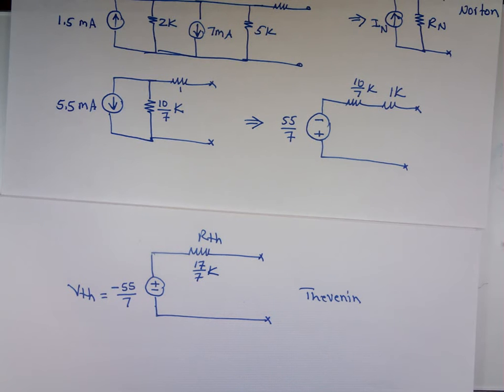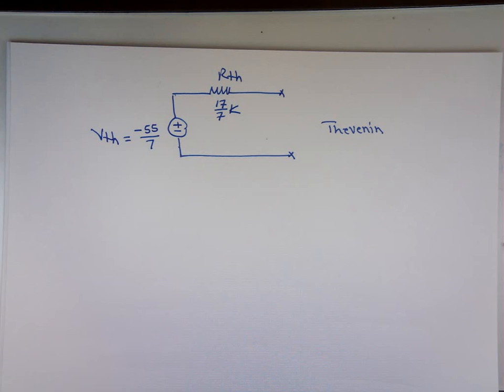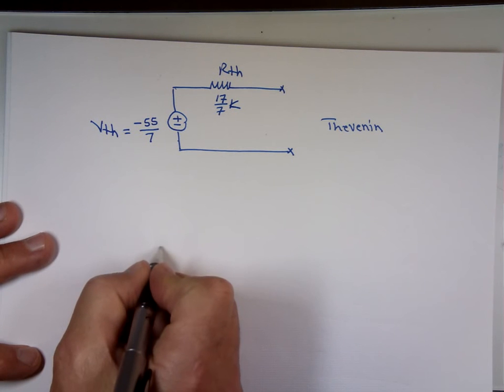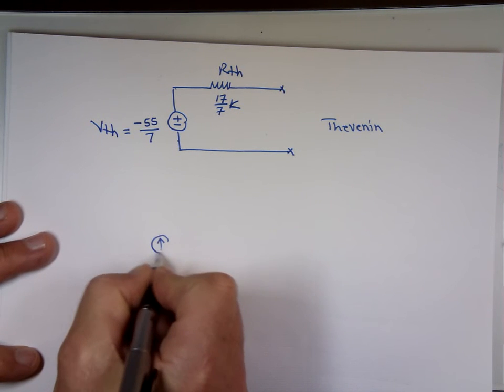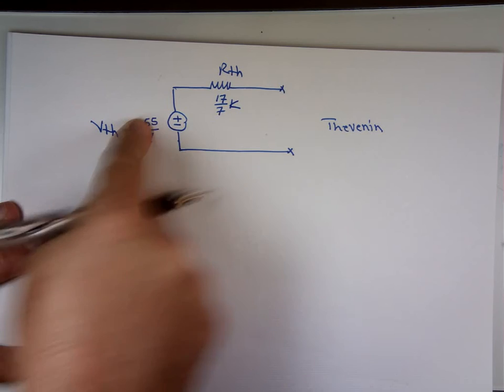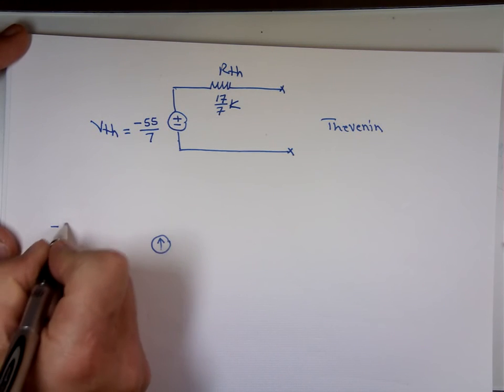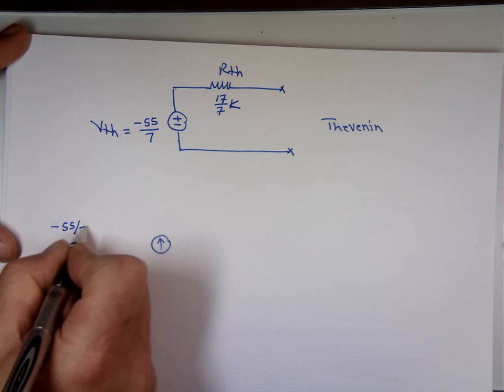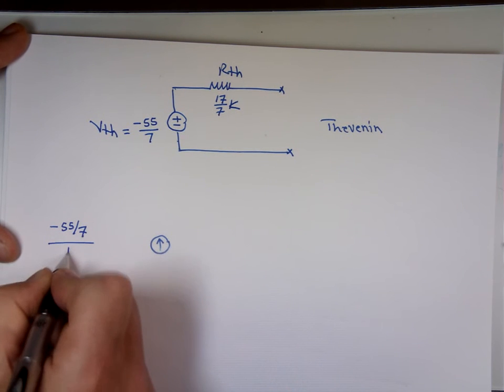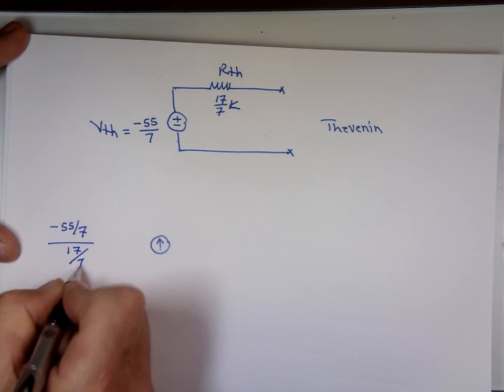Now, if you want the Norton equivalent, guess what you do now? Source transformation. If I do a source transformation, I have a current source pointing upward. The value of that current source is going to be this one divided by that. So negative 55 over 7 divided by 17 over 7.